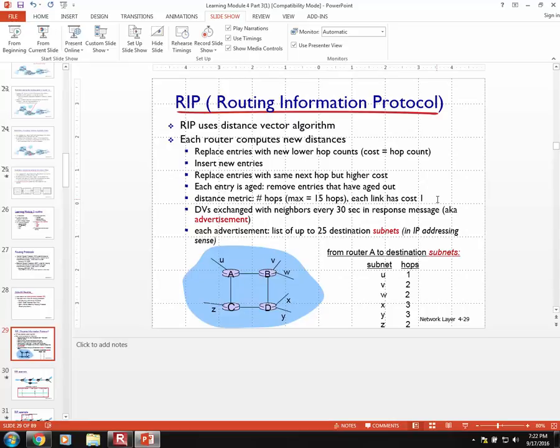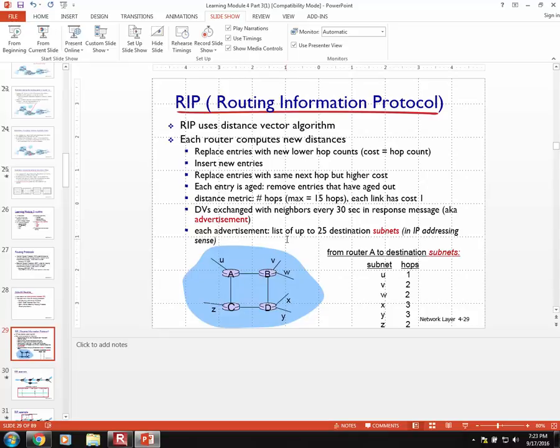And distance vectors are exchanged with neighbors every 30 seconds in a response message. This is called an advertisement. In each advertisement, there is a list of up to 25 destination subnets.